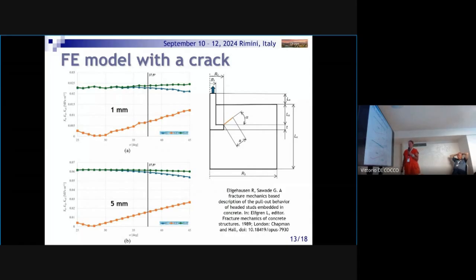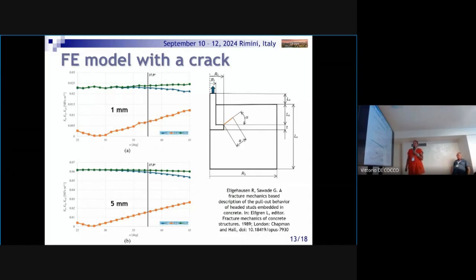But the value of K effective, which should include the effect of both loading modes, stays more or less the same. So unfortunately, none of these curves explains why the crack should propagate under the angle 37.5 degrees, as was observed from experiments.